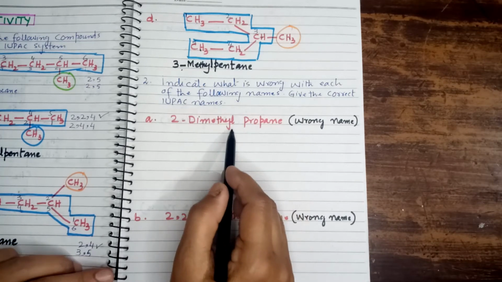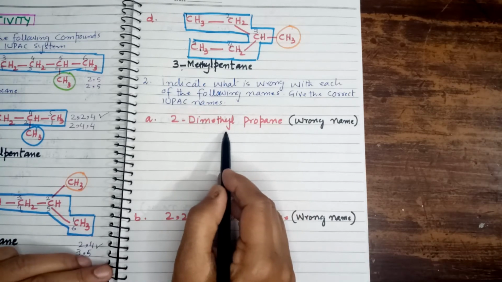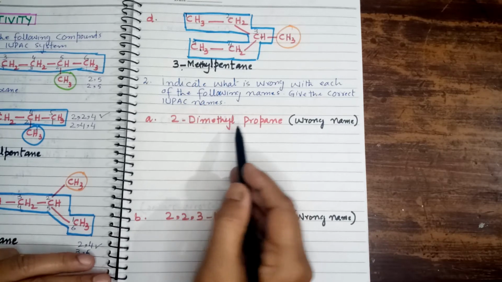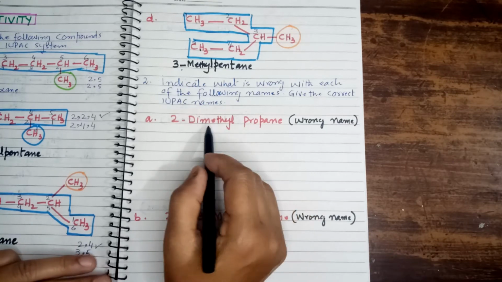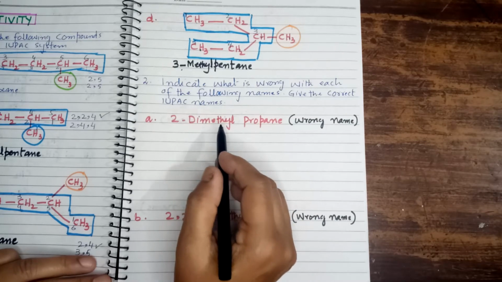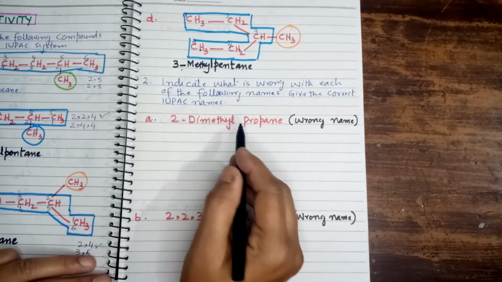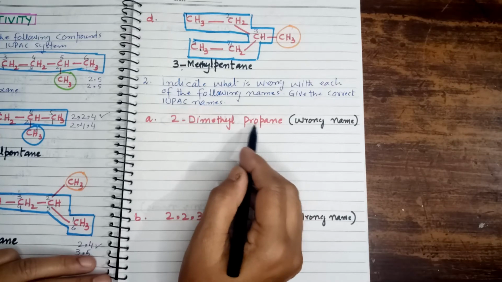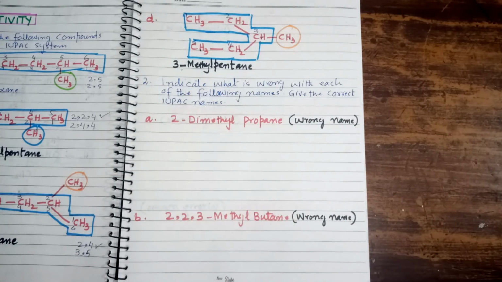Dear students, here names are given to us, right? IUPAC names are given to us and we are asked to correct these names, and we must mention what the mistake in these names is, right? So such types of questions can be solved.